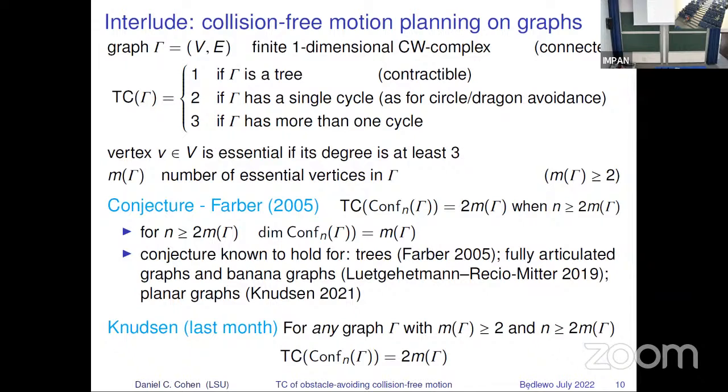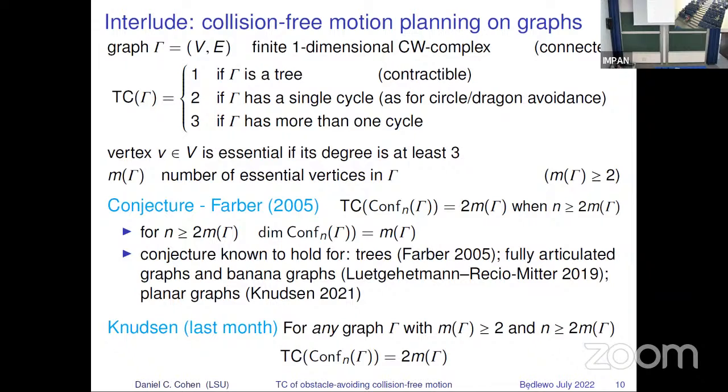When the number of robots moving around on the graph is sufficiently large, bigger than twice this number of essential vertices, he found that the topological complexity of the configuration space is as big as possible, twice this number of essential vertices. And emboldened by this, he conjectured that this was always true for any graph, not just a tree.